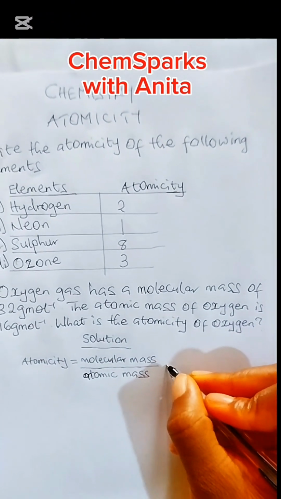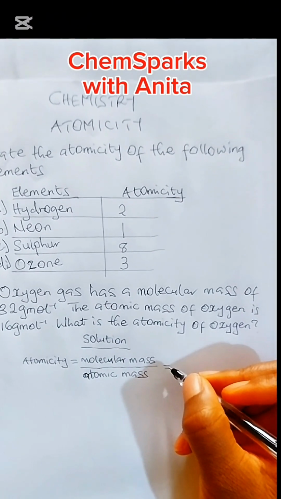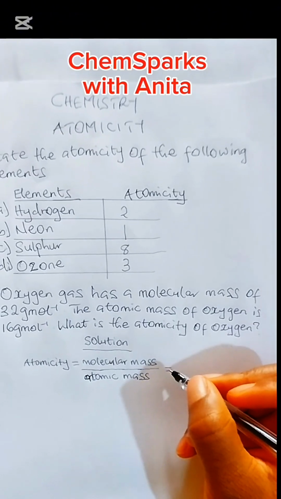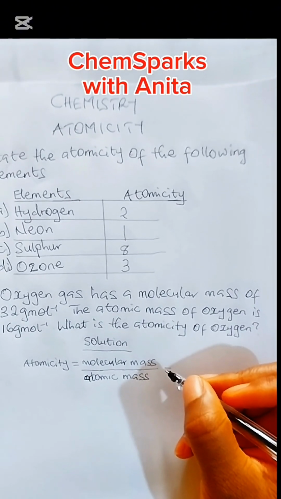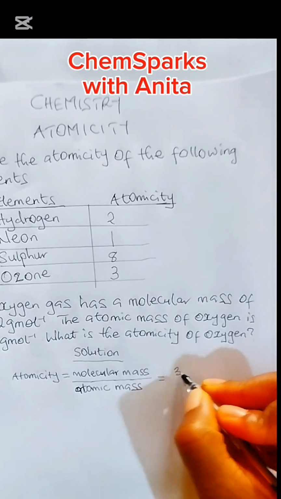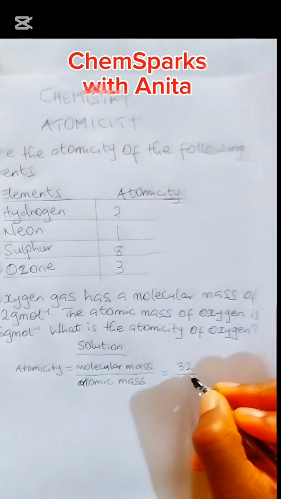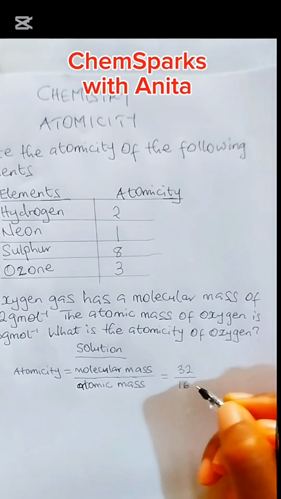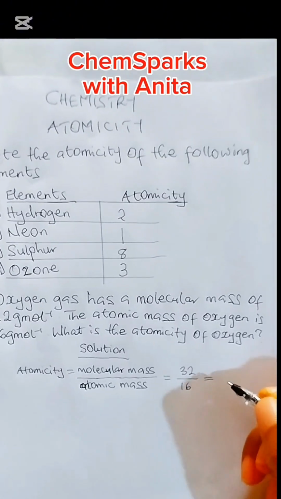And then from the question, our molecular mass was given to us as what? 32 grams per mole, while the atomic mass was given as 16 grams per mole. So we're going to do 32 divided by 16. What is it going to give us?